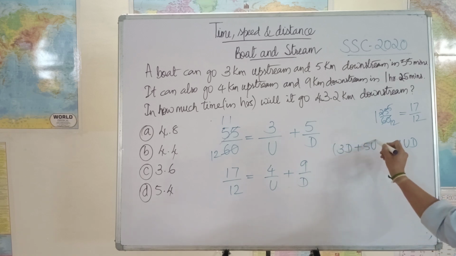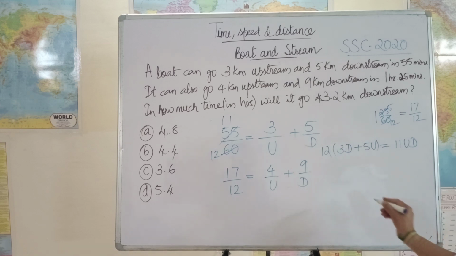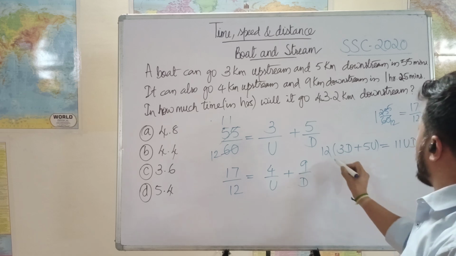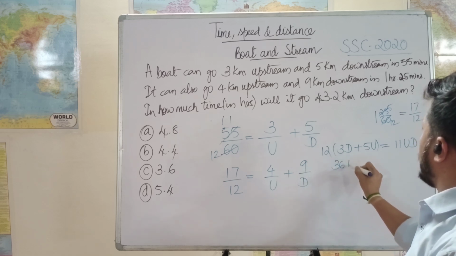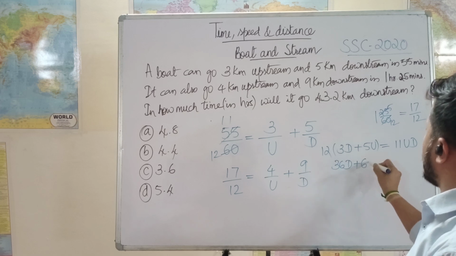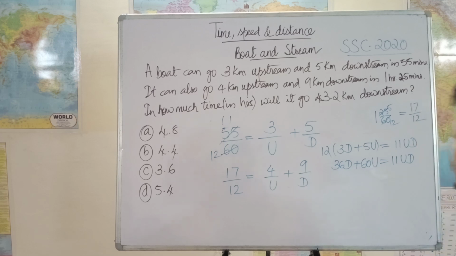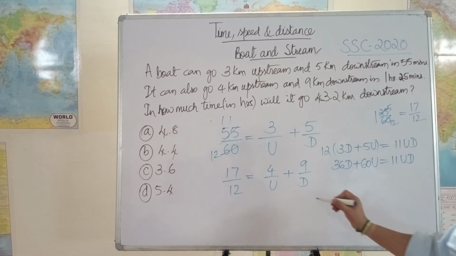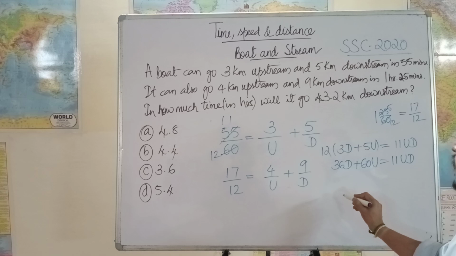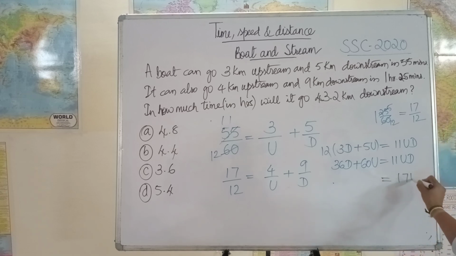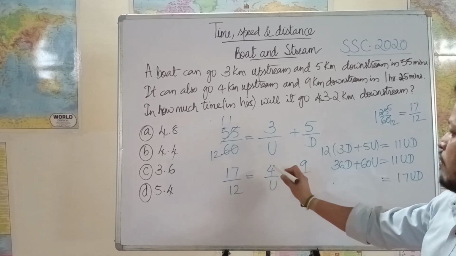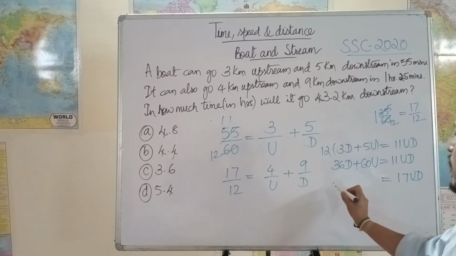Here I have to multiply this with 12. Okay, and here if I multiply this, 36d plus 60u is equal to 11ud, and from the second equation here I get 17ud is equal to 4d plus 9u.